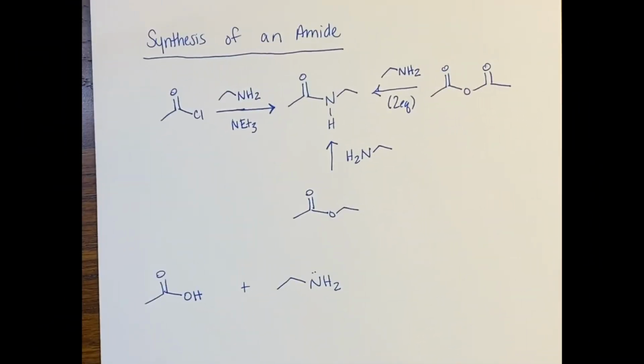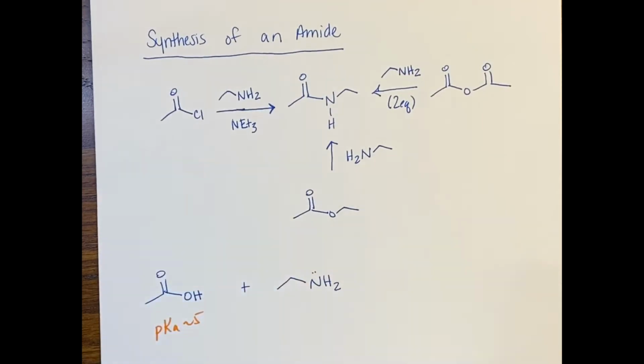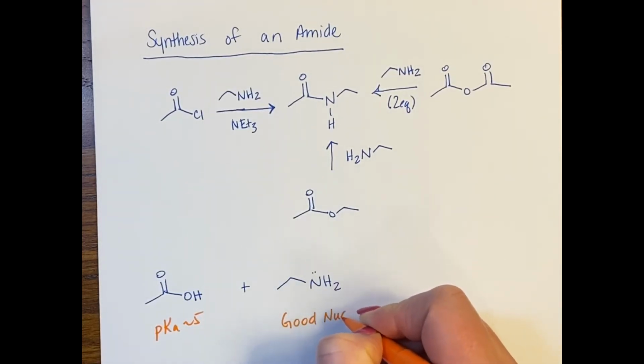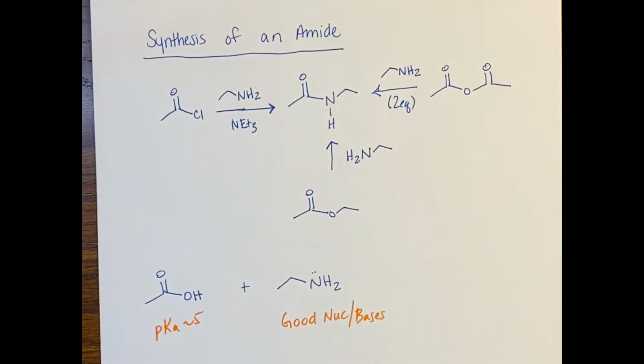What we know about these 2 compounds is that my carboxylic acid is acidic. It has a pKa of about 5. I also know that amines are very good nucleophiles or very good bases. So that under the conditions of this reaction, all I get is an acid-base reaction.